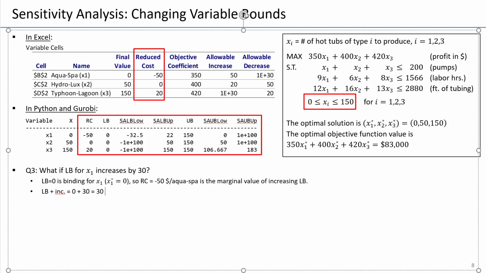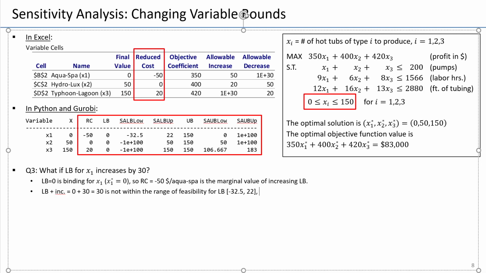This is not within the range of feasibility for the lower bound. The range of feasibility is up to 22, for the lower bound which is from minus 32.5 to 22.